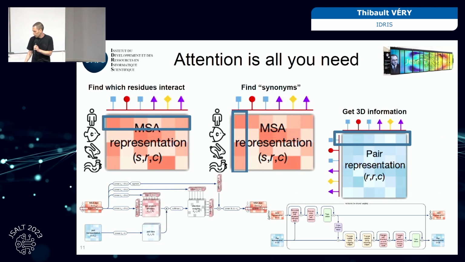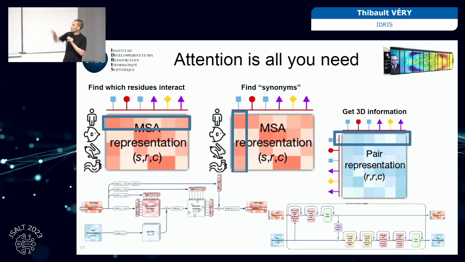I'm going to give you a feeling of how it works with the first part for the MSA. What we want is to apply attention on the columns and on the rows. On the rows, because the rows represent the sequence.